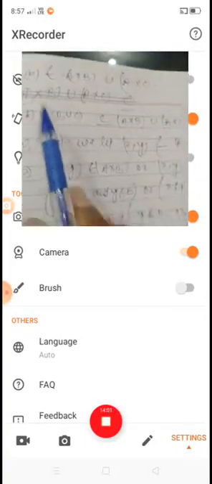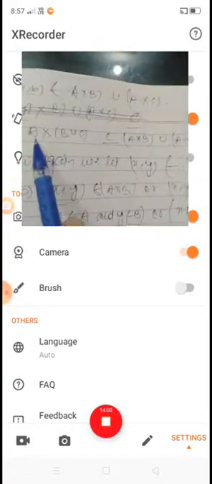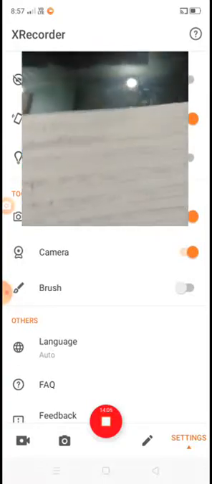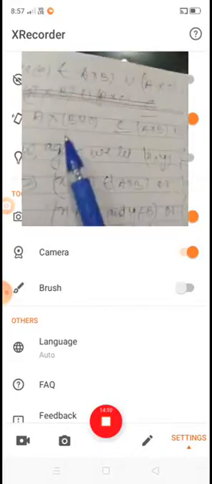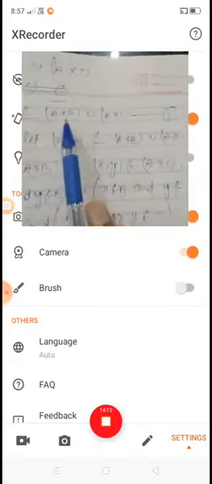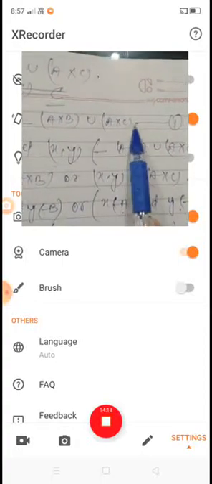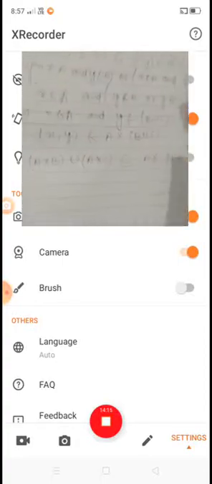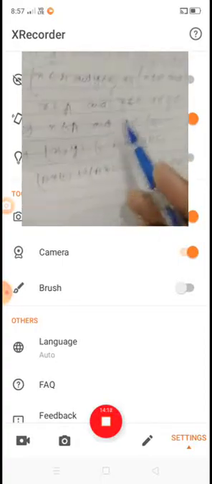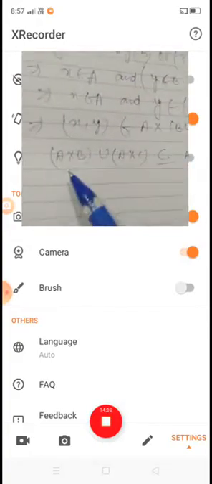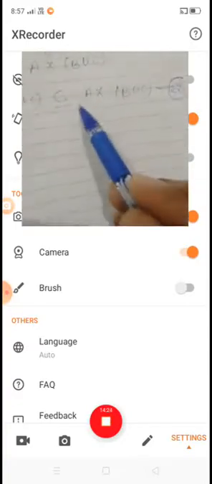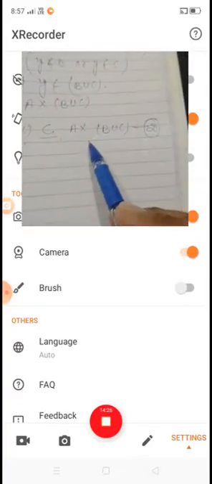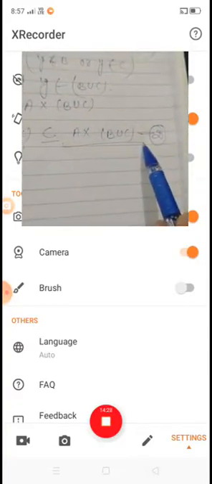From equation 1 we have to show that A cross (B union C) is a subset of A cross B union A cross C. Here we have to show that A cross B union A cross C is also a subset of A cross (B union C).